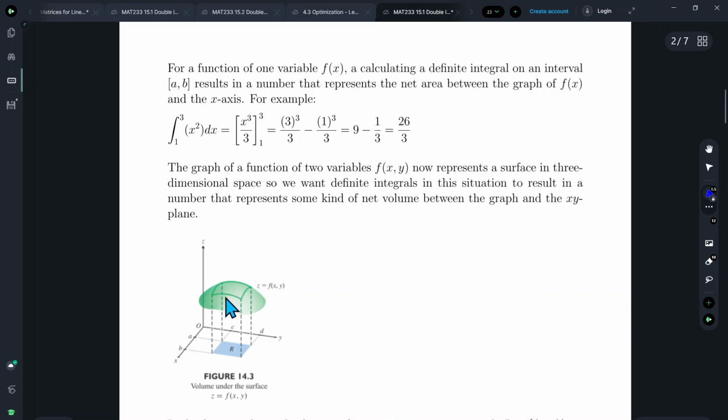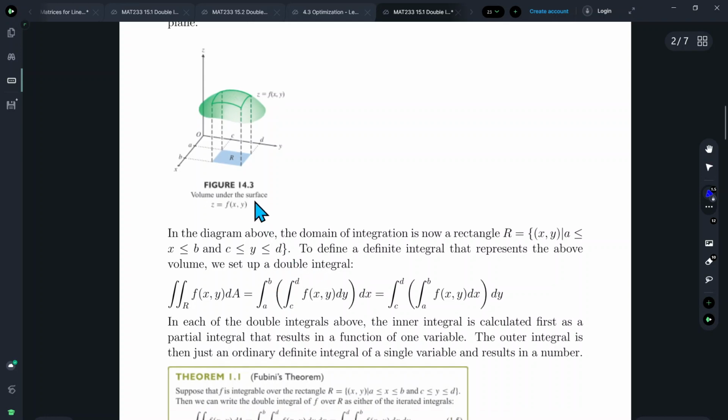Again, here the function is positive, so the volume will be positive, right? You can see these dotted lines carving out this solid region between the graph and above the rectangular domain. So again, we want to figure out how to calculate such a volume.